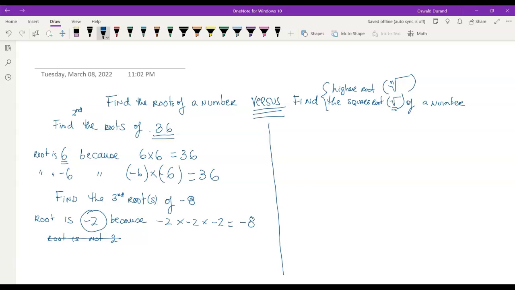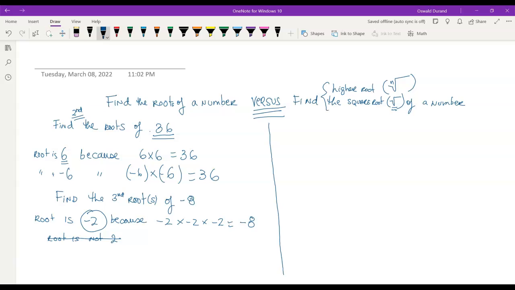So usually when you're trying to find the even root, then you will get 2 values for the roots. When it's odd, like the third root, it will be only 1, whether the result is negative or positive. So if I wanted to find the third root of +8, then it would be 2, and only 2, because 2 times 2 times 2 is equal to 8.